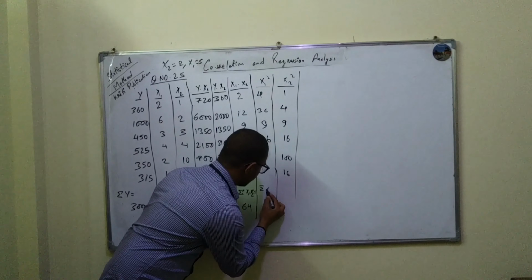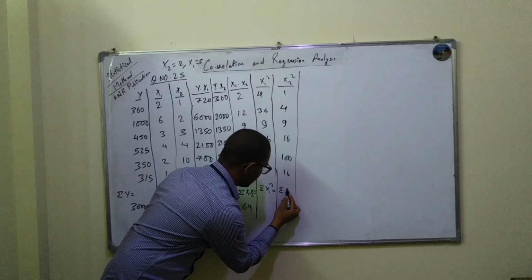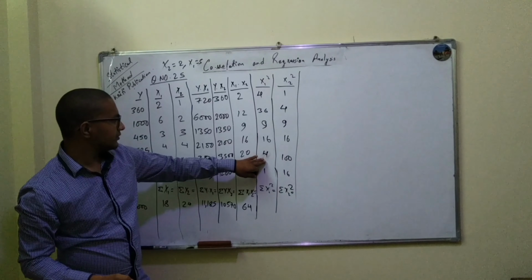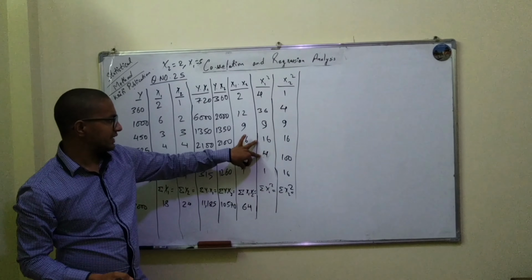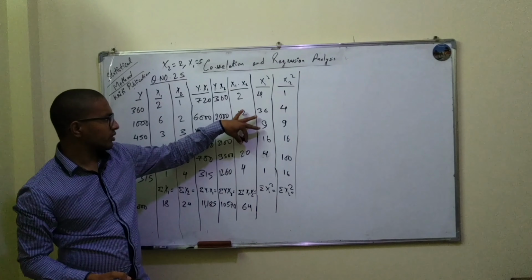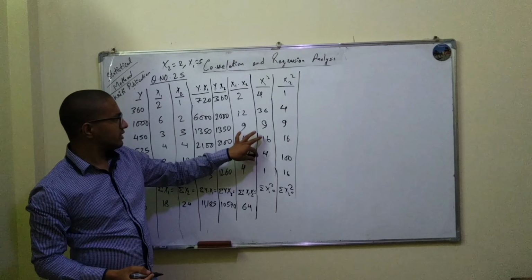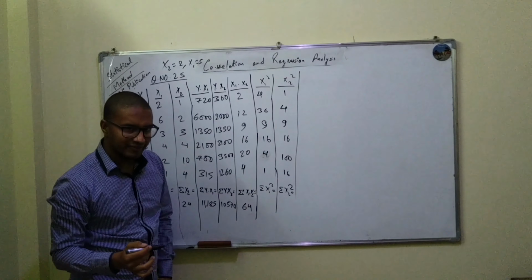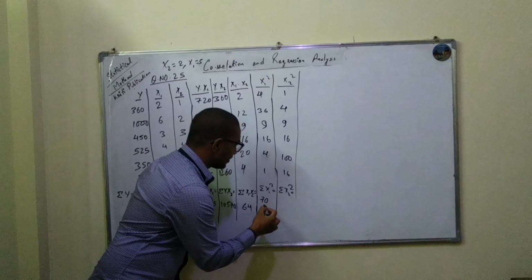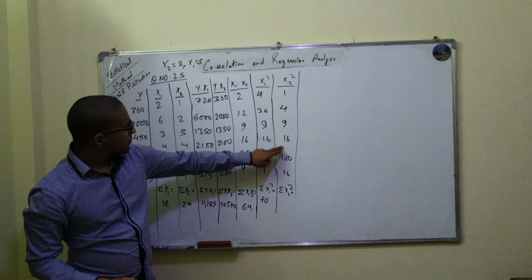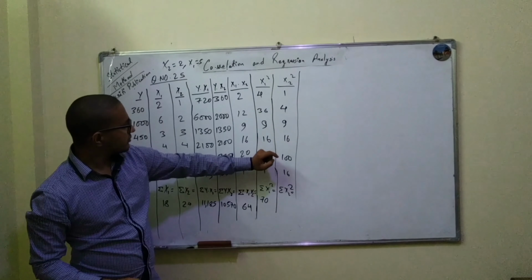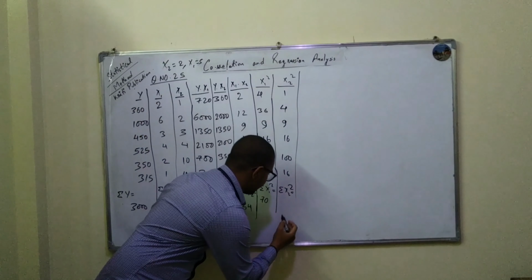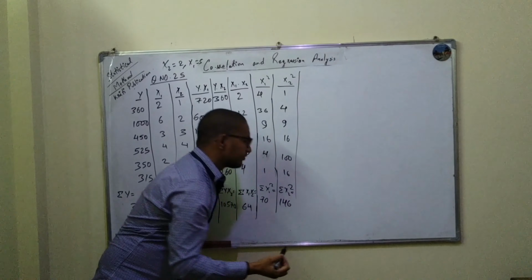So your summation x1 square, summation x2 square. How much will we get? 16 plus 4 is 20, and then 36 plus 9 is 45, so that will be 65, and 4 plus 1 is 5, so 70. In this case, 16 plus 4, 20, 30, 130, 146.